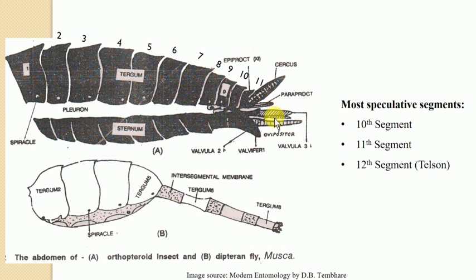Means there is a controversy regarding the epiproct and the paraproct. One group is of the opinion that the epiproct and the paraproct are plates belonging to the 12th segment, which is known as the telson. But according to Snodgrass, these are structures belonging to the 11th segment, while another group is of the opinion that both the epiproct and the paraproct belong to segment number 10.